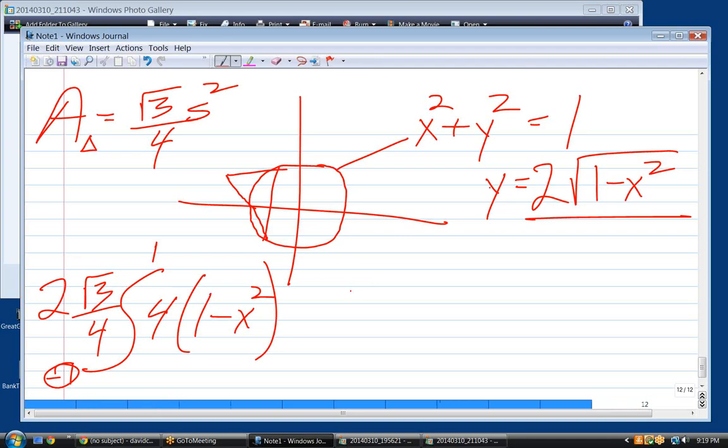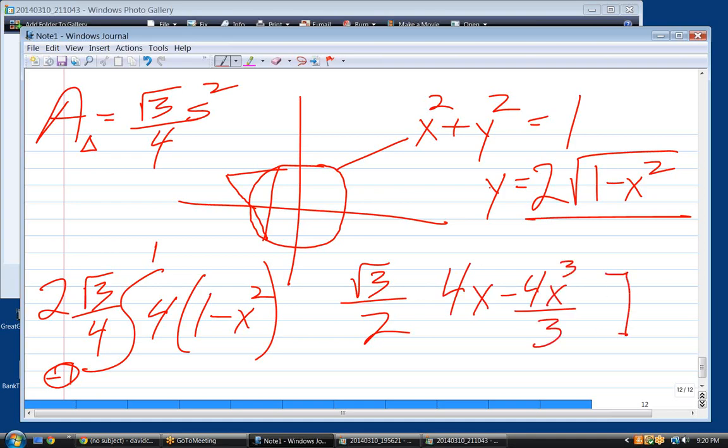Let's see if this gives us the right answer. So we have square root of 3 over 2 going from 0 to 1. So we get 4x minus 4x cubed over 3 from 0 to 1.